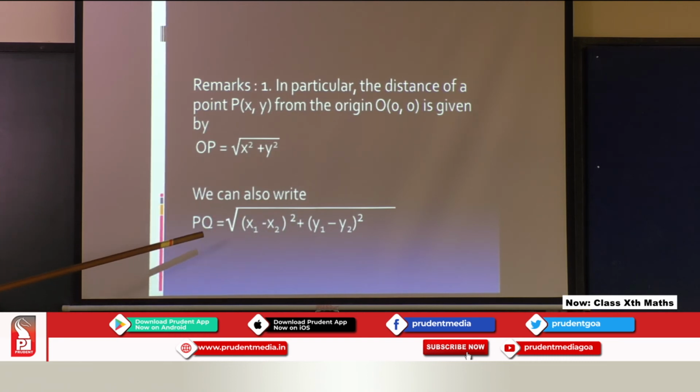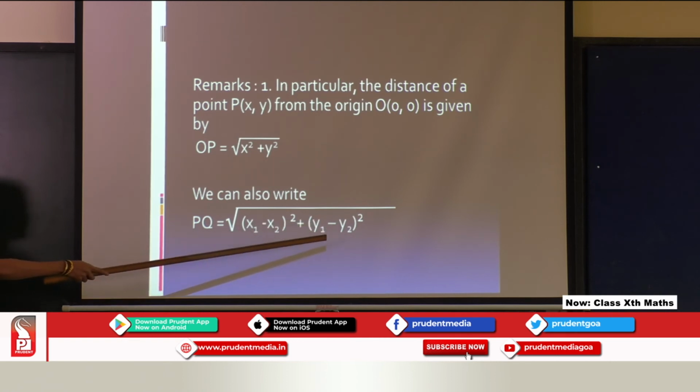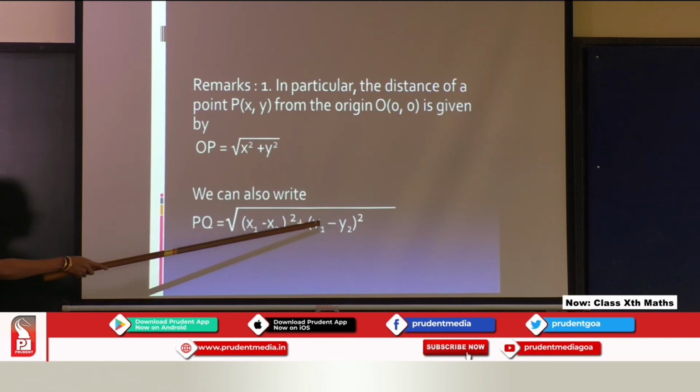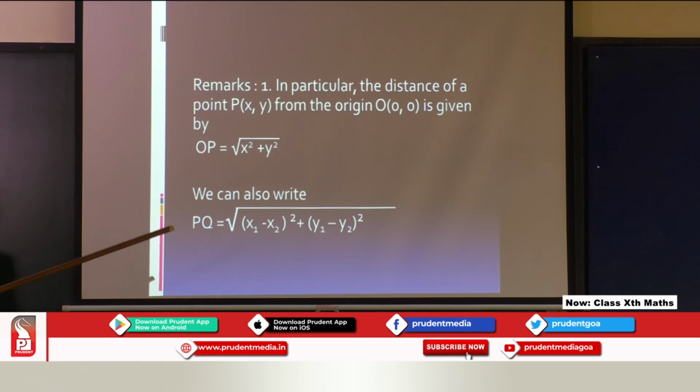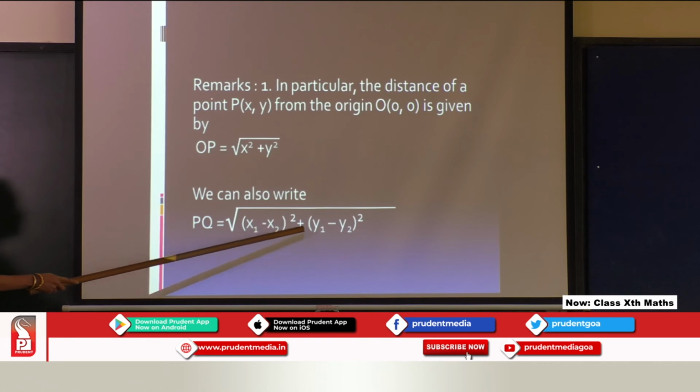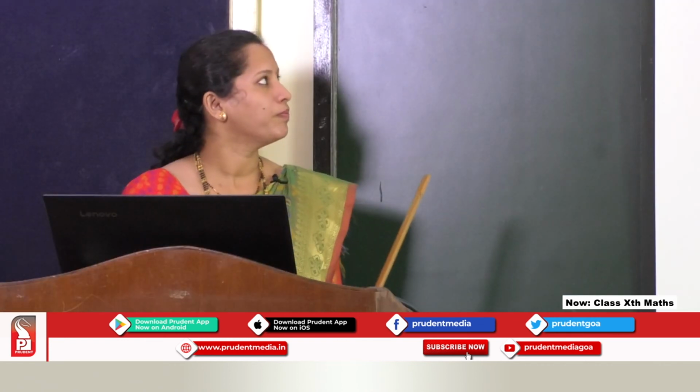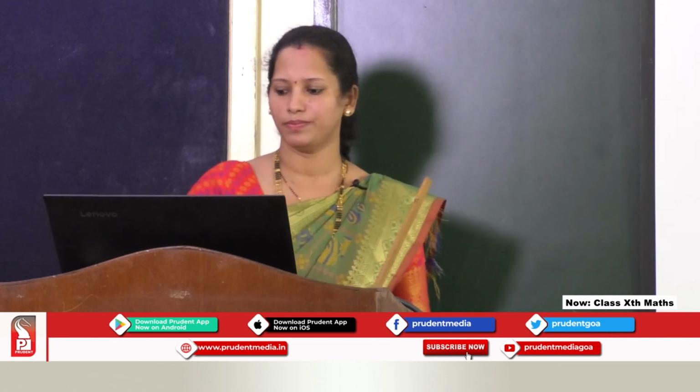Earlier we have seen that the formula was x2 minus x1 and y2 minus y1. But here we have written x1 minus x2 the whole square and y1 minus y2 the whole square. Why? This is because distance is never negative.